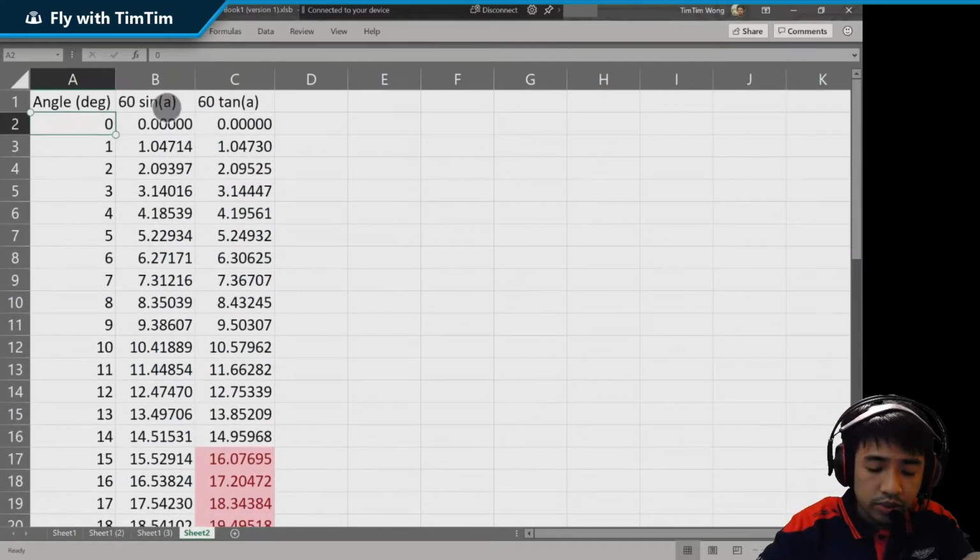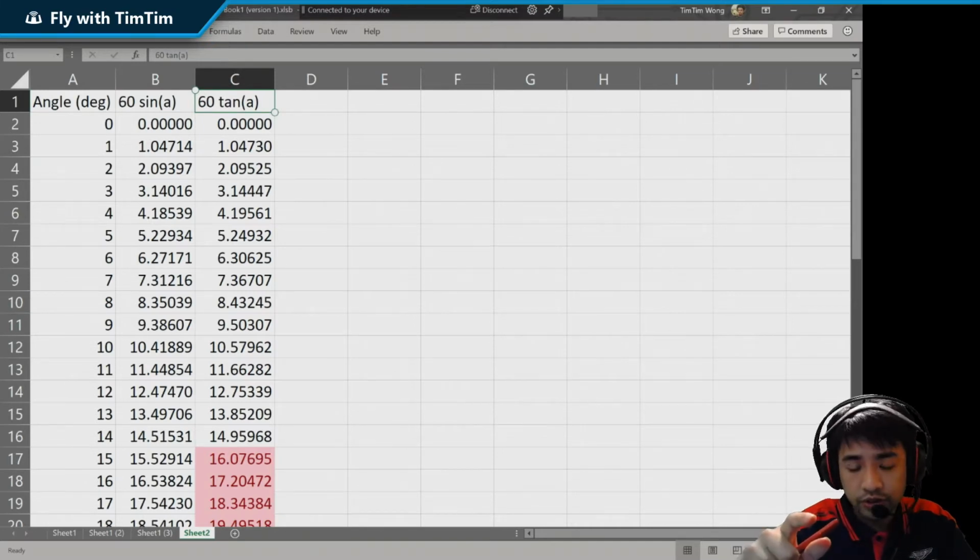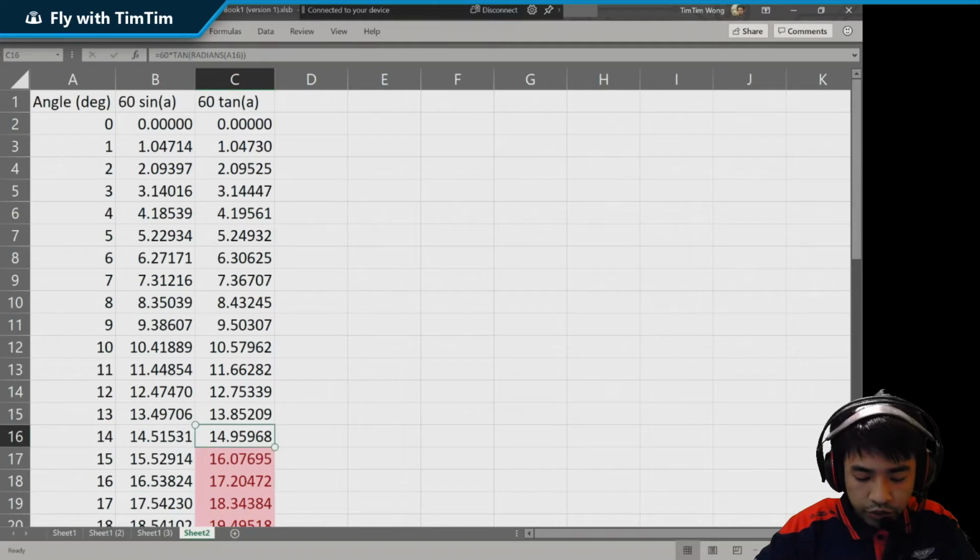And also, column B, column C, you see 60 sine A, 60 tangent A. We find an interesting fact: for up to 14 degrees, tangent 14 degrees multiplied by 60 is 14 point something.